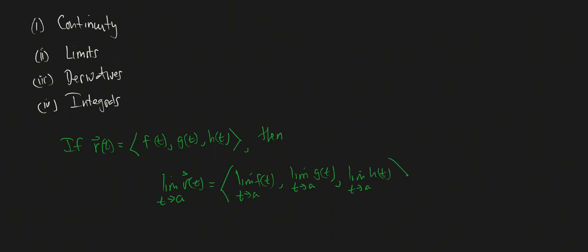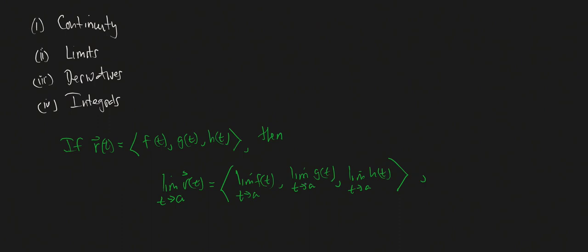And provided they all exist, then the limit of this vector function would be another vector that has components being the respective limits of f, g, and h, right? So I'll just say provided each component exists.